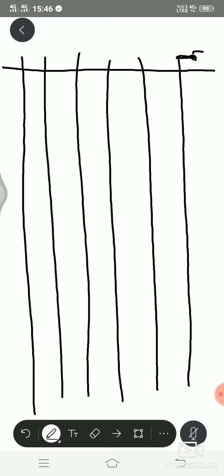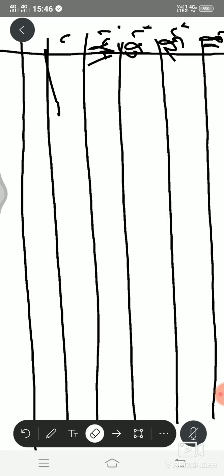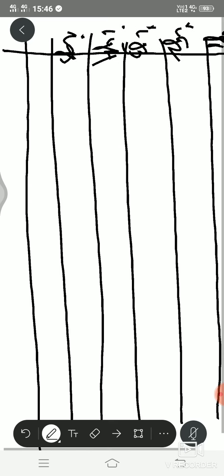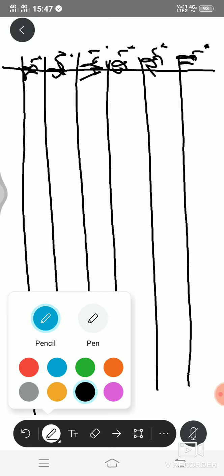So first one is Ig1, second is Ig2, Ig3, Ig4, Ig5, Ig6. So we have got 6 numbers of thyristors. Now let us draw steps.